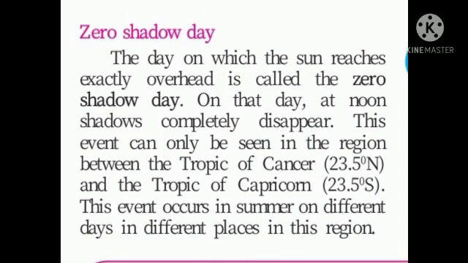But if the person stretches his or her hands out, the shadow is seen. This event occurs in the region between the Tropic of Cancer and the Tropic of Capricorn.